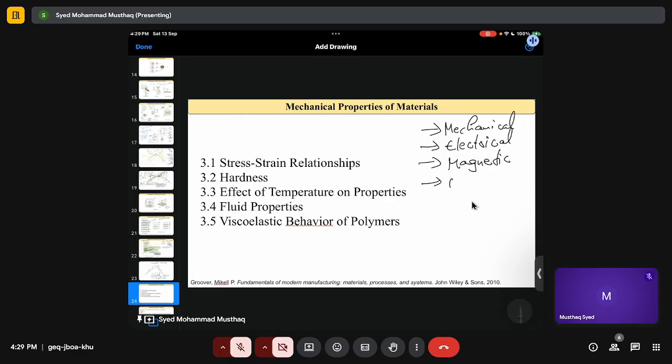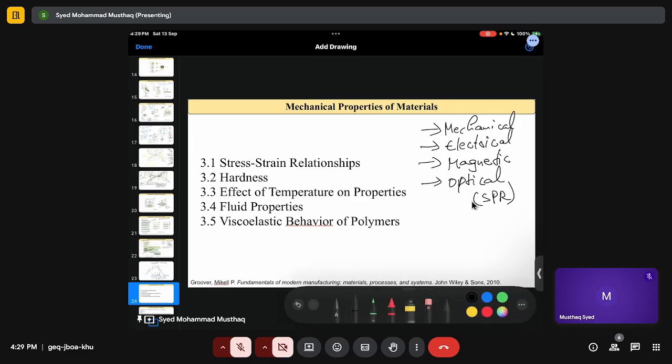Is there optical also? How can you forget optical? Because this is where we learned SPR, right? So: mechanical, electrical, magnetic, optical.